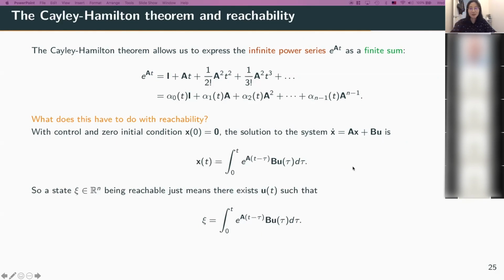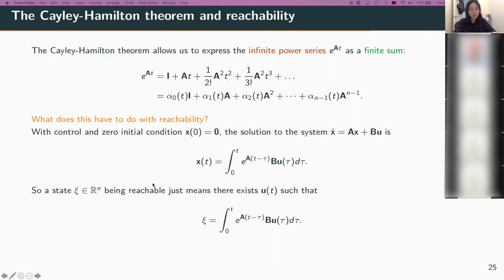So right, reachability. With control, this is what I haven't shown you. I've only shown you the solution of the system without control. So with control, the solution of the system is actually given by this integral where you're integrating from 0 to t, and this is the matrix exponential multiplied by the B matrix as well as your actuation u.